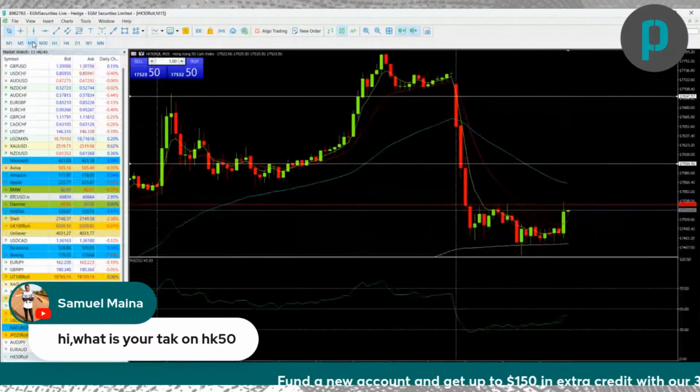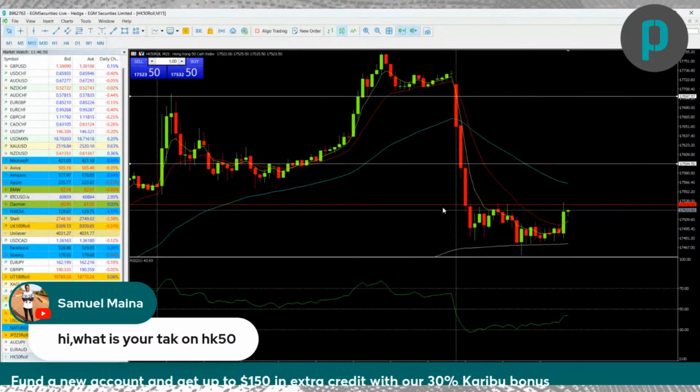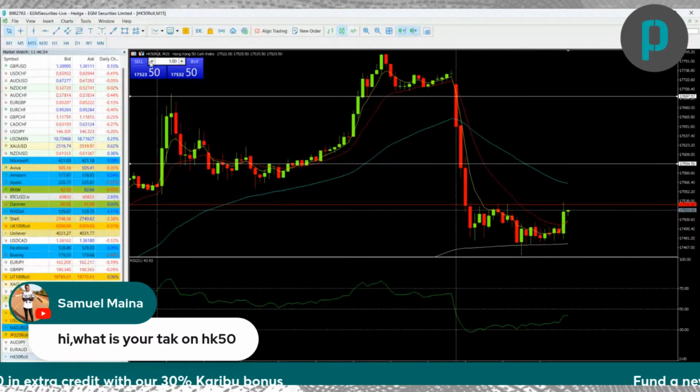and 15, so found an area of support. So ideally, I would want to look at maybe a push to this price level.